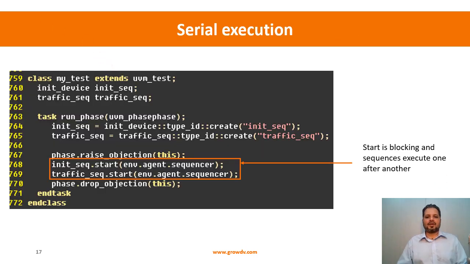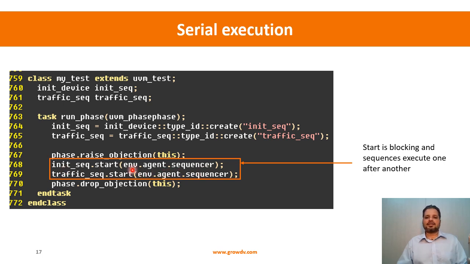Some quick examples of what we talked about. So here we have a test, we have an init sequence, we have a traffic sequence. Then we are creating both of them using the factory. We are raising an objection to hold the run phase, and then we are calling init sequence.start, passing env.agent.sequencer, the sequencer we are running on.